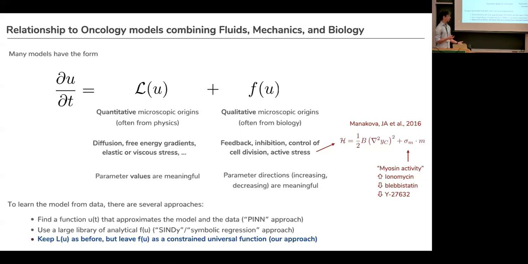This is what I call the PINN approach, because PINN is one of the popular methods to do this. Another method is to not pick a functional form for F, but rather start with a large library of analytical functions, things like trig, polynomials, power laws, and then have some algorithm that picks out a favored one. This is called symbolic regression. One of the packages is called SINDy.